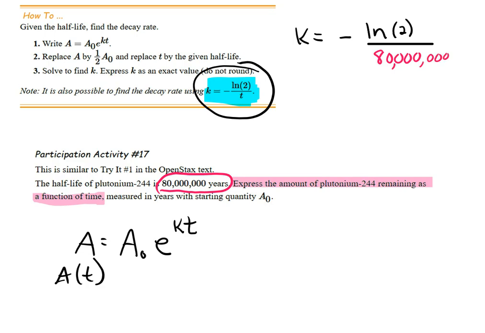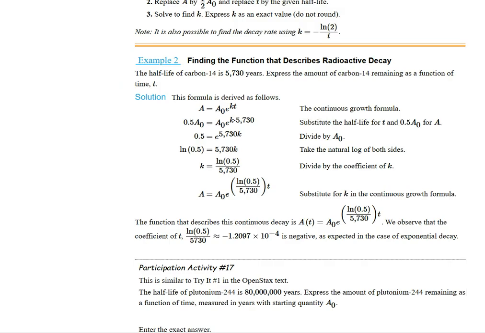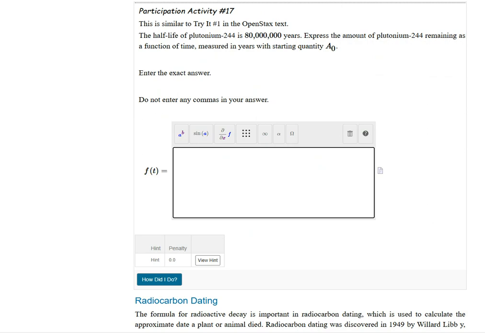So I'm literally going to type, I'm going to put all of this where the k is, right there. And when you look at Mobius, they put f of t, but that's the same thing as a of t, whatever.